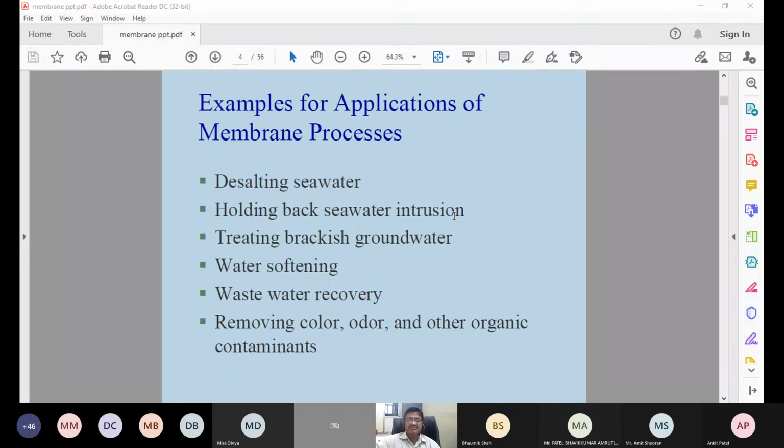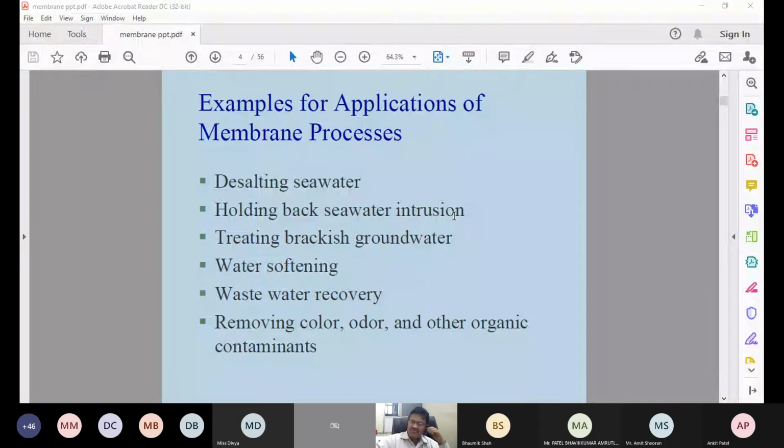They are used for desalting seawater, treating brackish groundwater, water softening, wastewater recovery, and removing color, odor, and other organic contaminants. So these are all the applications of the membrane process.